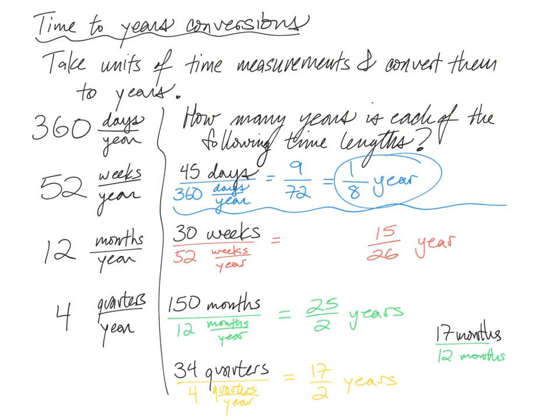But there won't be a number that we can divide 17 and 12 by to reduce this fraction. So what we end up with here is a fraction that is irreducible. So we would just leave it as 17 over 12 years.